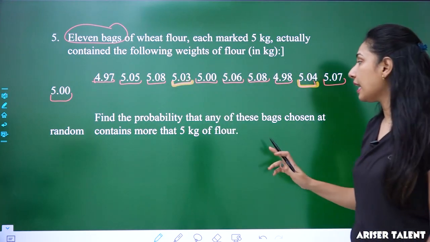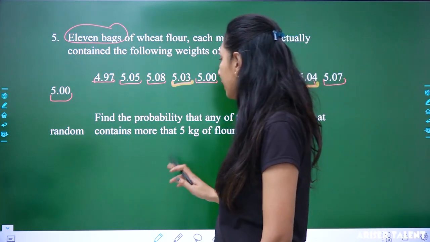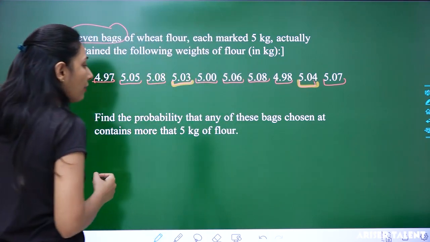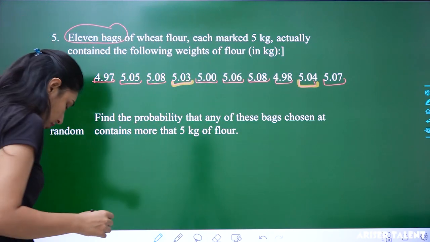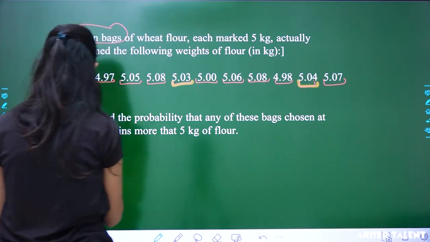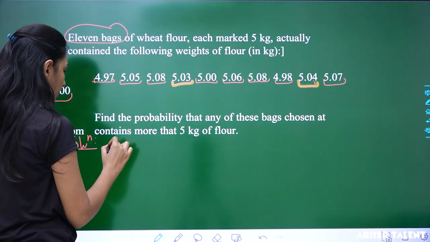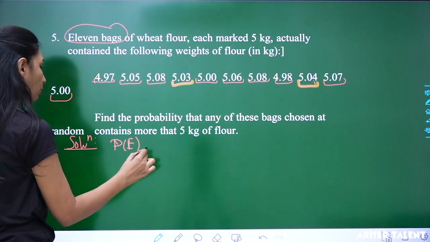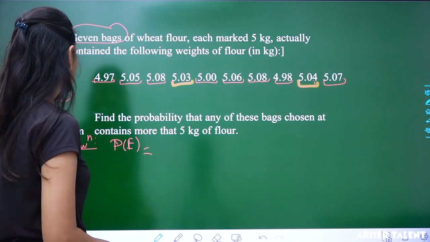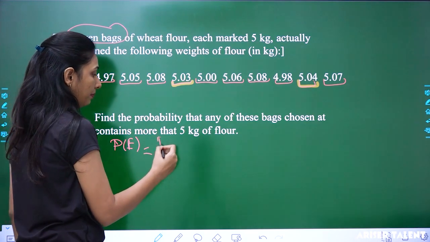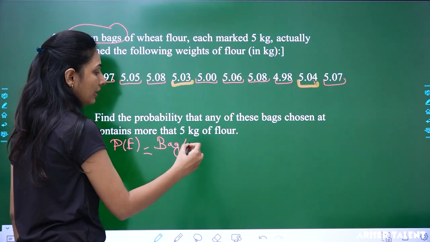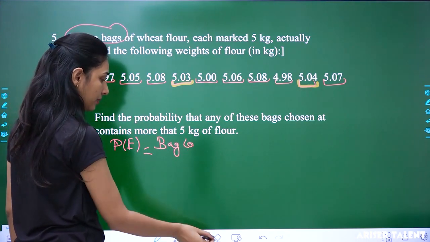Find the probability that any of these bags chosen at random contains more than 5 kg of flour. So what is being asked, students? Solution. Probability of what?